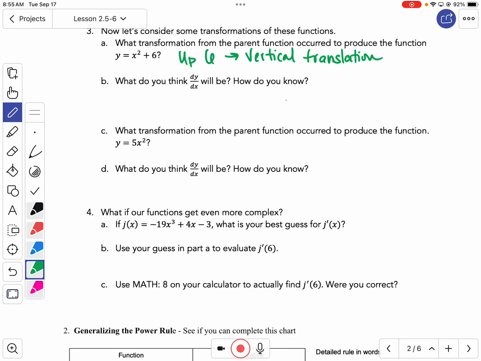What do you think the derivative is going to be? 2x. Why do you think that? Does the slope change with that plus 6 on the end? I just scooted it up. My function didn't really change. The slopes didn't change.